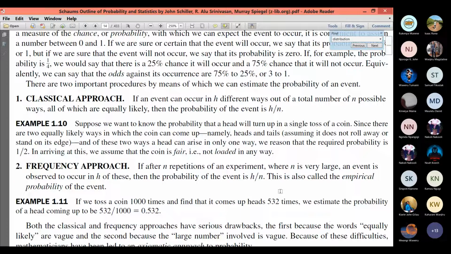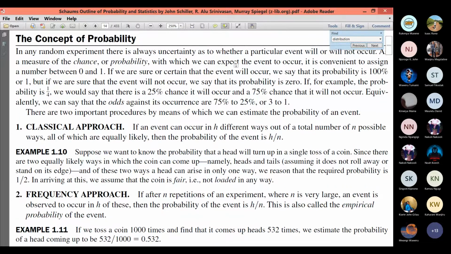Now, there are two approaches. What you see up here just simply tells you that probability can be measured in percentage or within a range of 0 to 1. And I think we said this last week. So you can give your probabilities as anything between 0 and 1. 0 being the least possible: that thing will not happen if it is 0. And if your probability is 1, then that surely will happen.